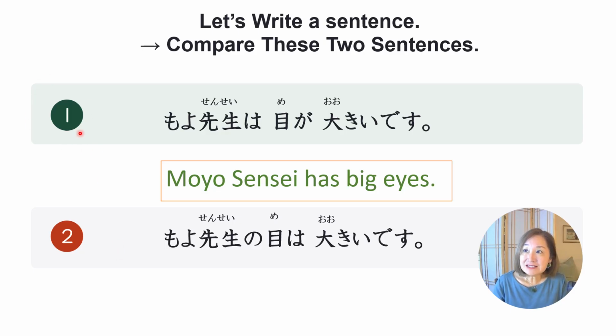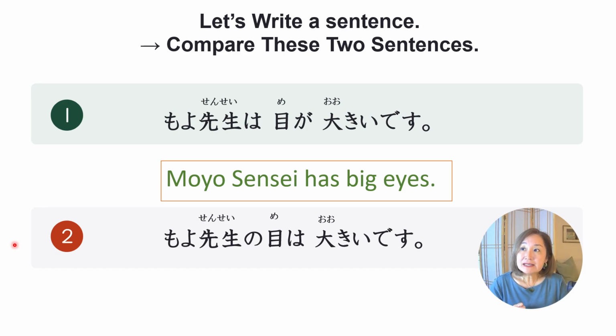The first sentence is about Moyo Sensei. We're talking about her and describing one of her features. Her eyes are big. The second sentence, Moyo Sensei no me wa, is about the eyes. We've made the eyes the topic, and we're saying that they're big.